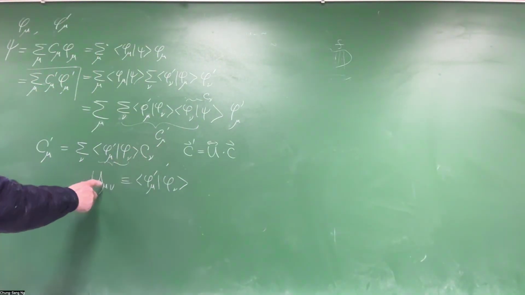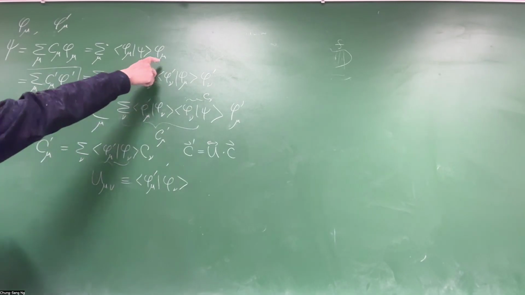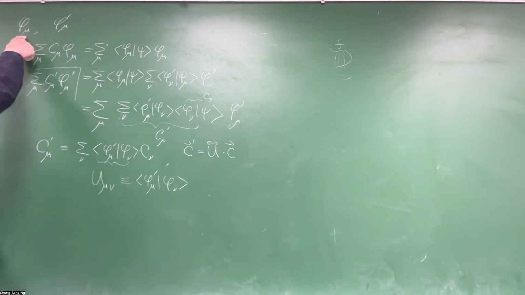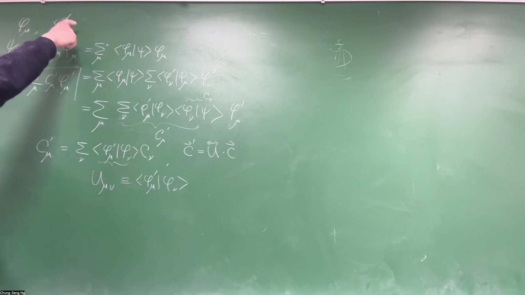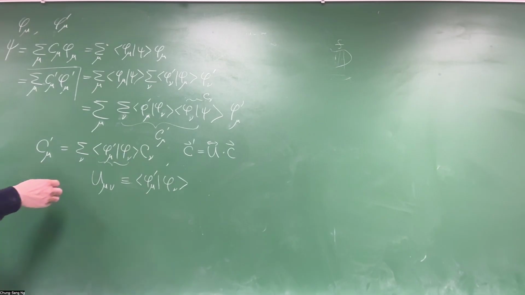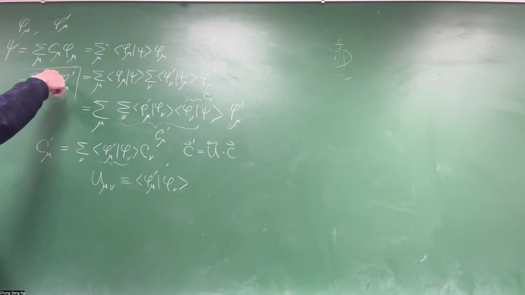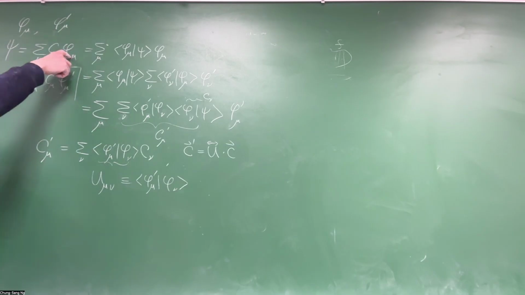Because this is the change from the non-prime set of bases to the prime bases, you can do exactly the same and get the transformation of C from the prime basis to the non-prime basis.